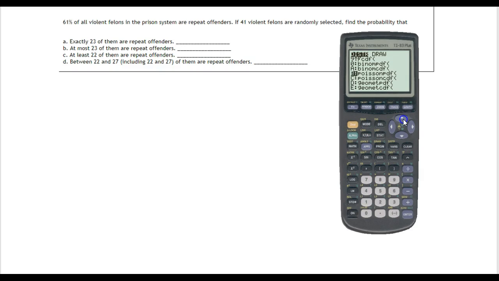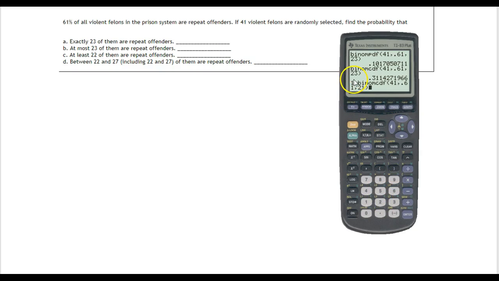Again, it's a cumulative, and it's still a sample of 41, still the P, or the probability, is 0.61, comma, and then remember, we're looking for at least 22. Well, this is going to be 20. We want to put 21 here.